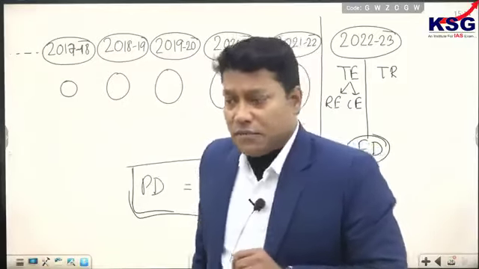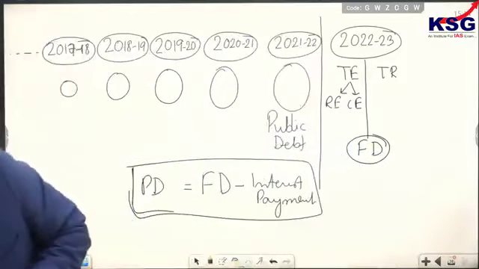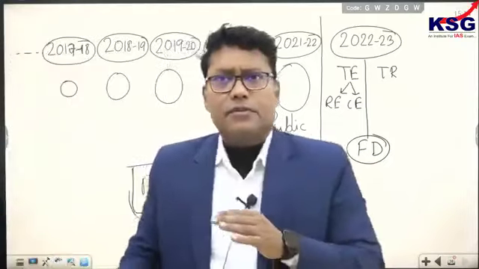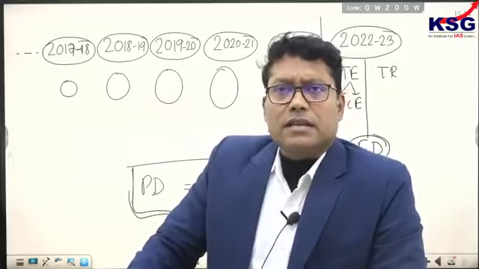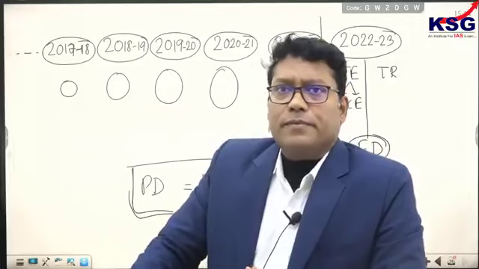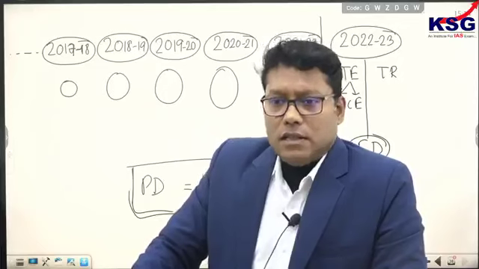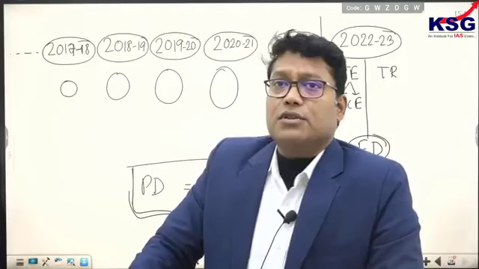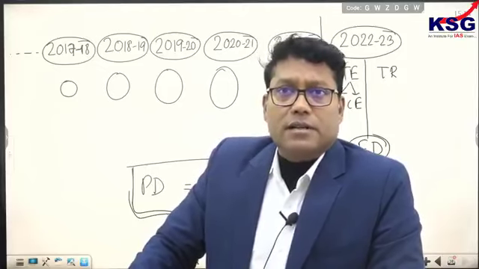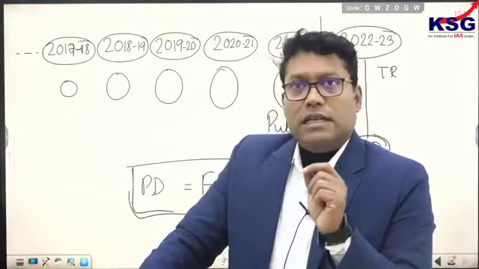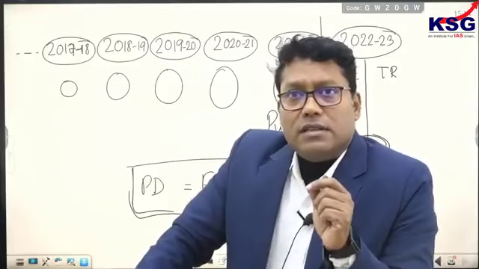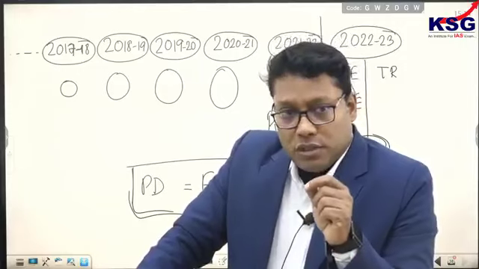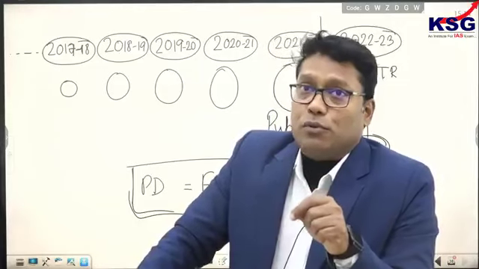Fiscal deficit we have discussed with you. It is the overall deficit of the government in a particular fiscal year, the total deficit the government is going to face. Clear? Now, how do you calculate the total deficit? You take the total expenditure of that particular fiscal year and the total receipts of that year without borrowing.